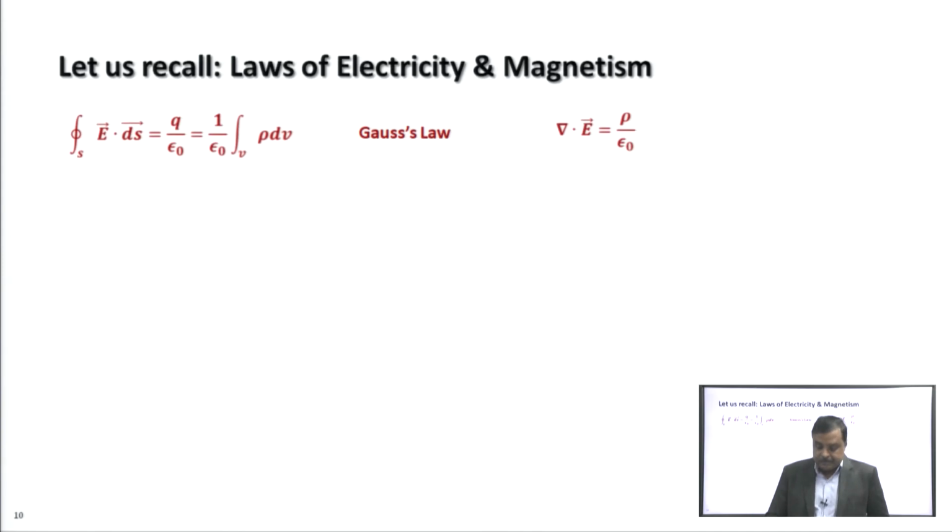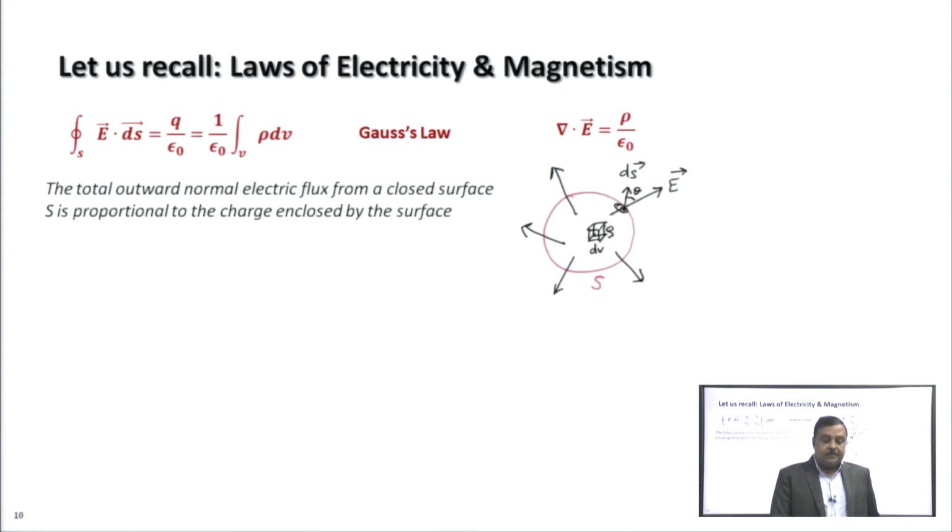Integral form is integral E dot ds equal to q by epsilon 0, or it is equal to 1 by epsilon 0 volume integral rho dV, and in the differential form it is written as del dot E equal to rho by epsilon 0. We have already proved these equations, and we have already understood the physical significance of these equations.